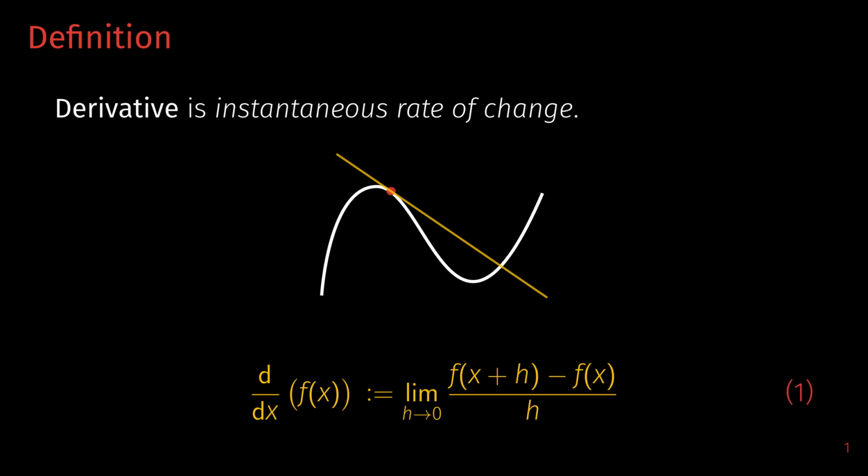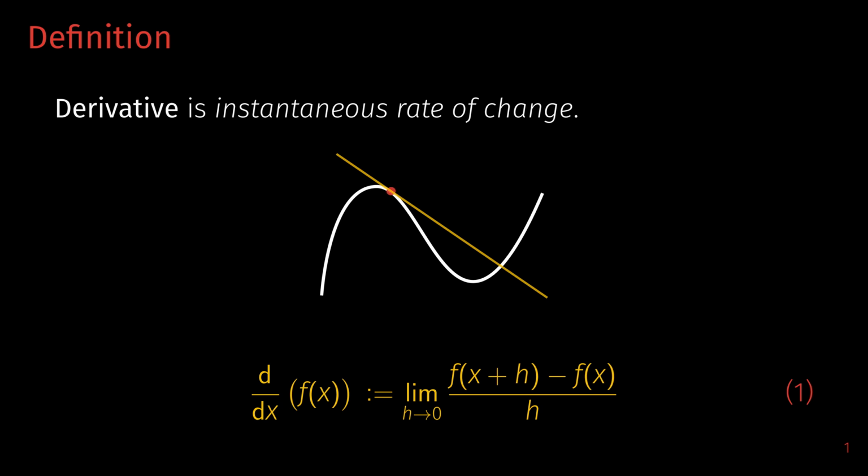You essentially divide the difference in y between them by the difference in x between them. And as you make this h, this difference in x between them, as small as possible, you will essentially start approximating the tangent line and specifically its slope.